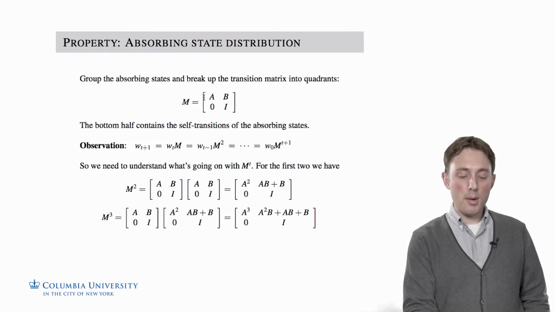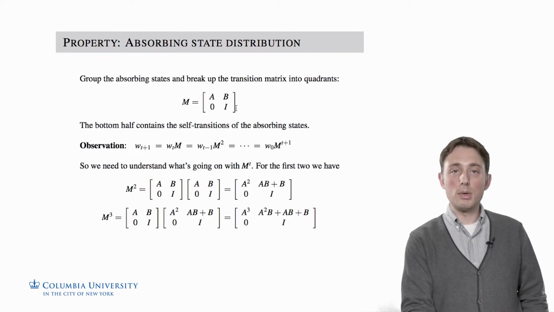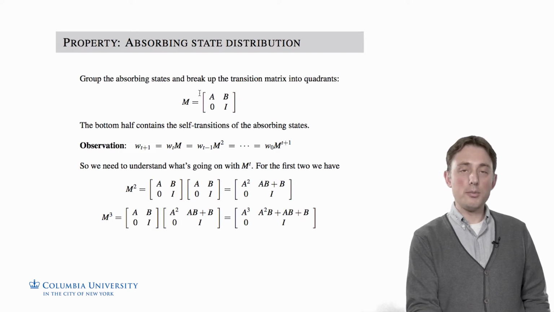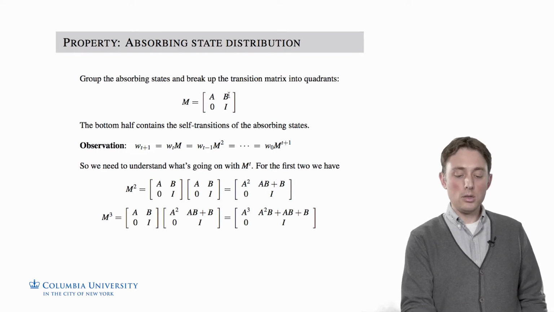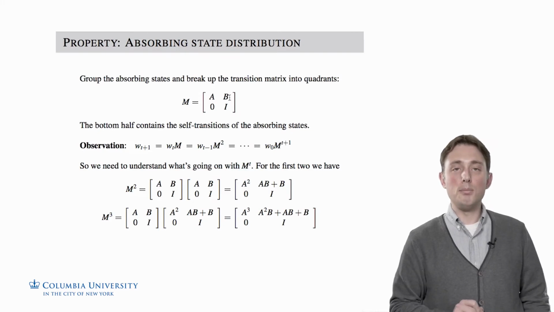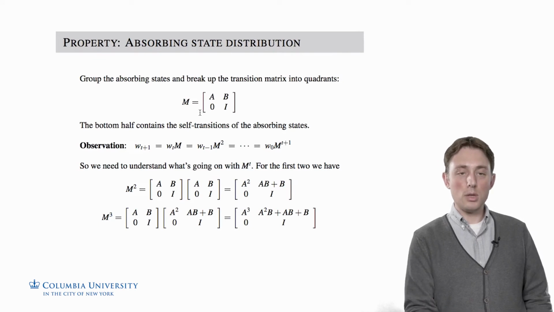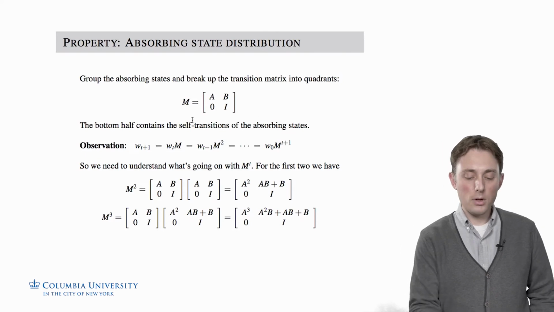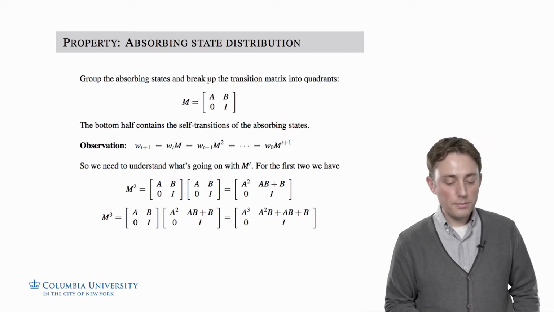So A says the probability of transitioning from a non-absorbing state to another non-absorbing state, and B has the probability of transitioning from any non-absorbing state to any of the absorbing states. If we make a transition from any of these top rows to a state indexed by B, then we transition to an absorbing state, and our Markov chain essentially terminates there. Okay, so we make this simplifying assumption.